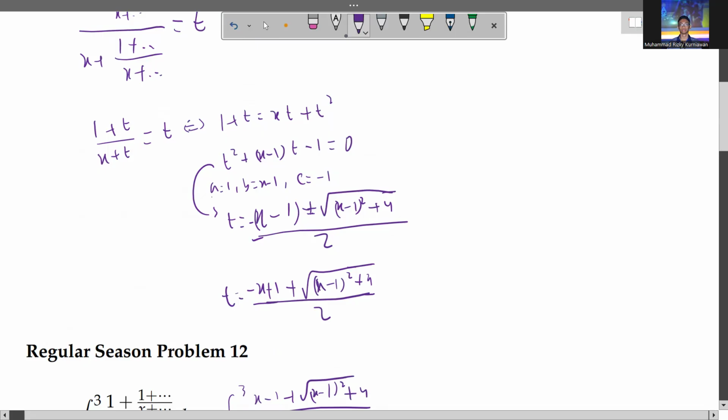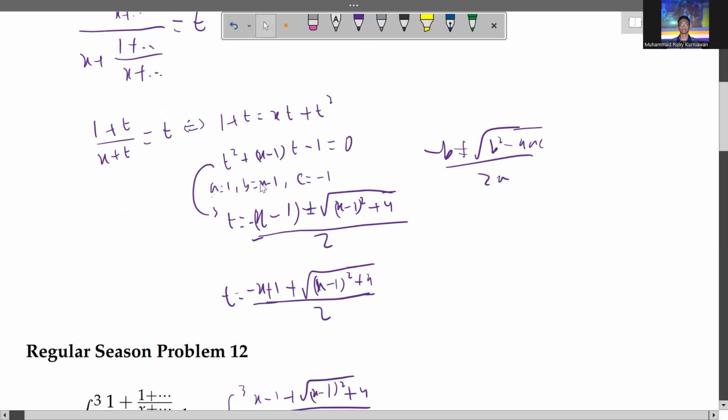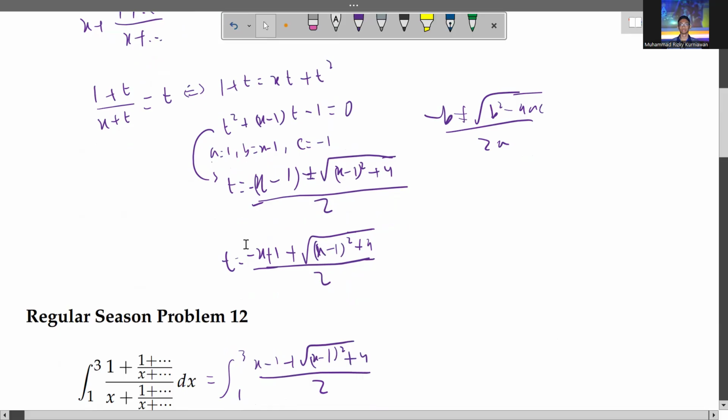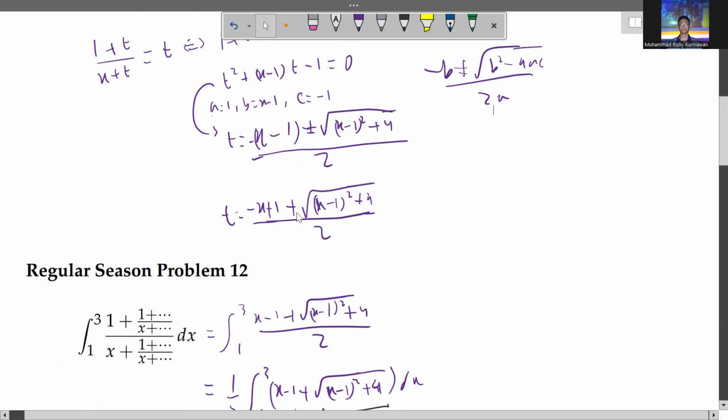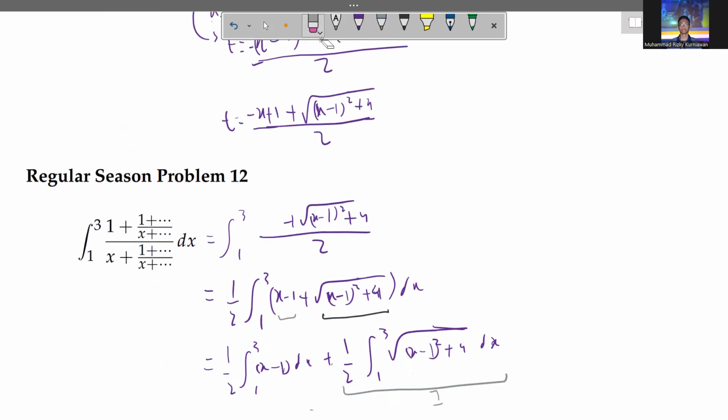Okay, I forgot. It's minus b plus minus b squared minus 4ac over 2a. It shouldn't really affect the hard part. It only affects the left part here. So all you need to do is just to change x minus 1 on the left side into 1 minus x.